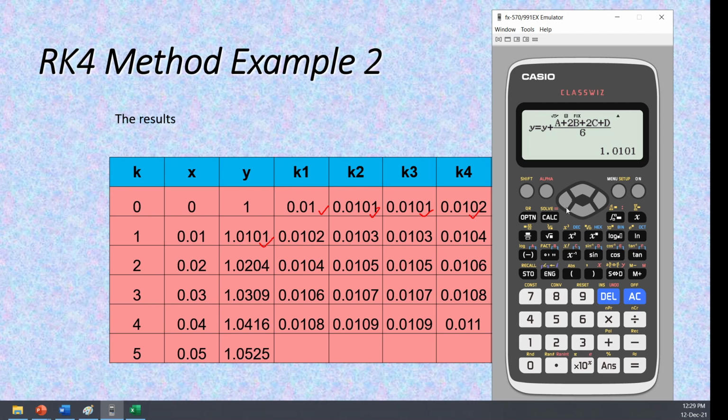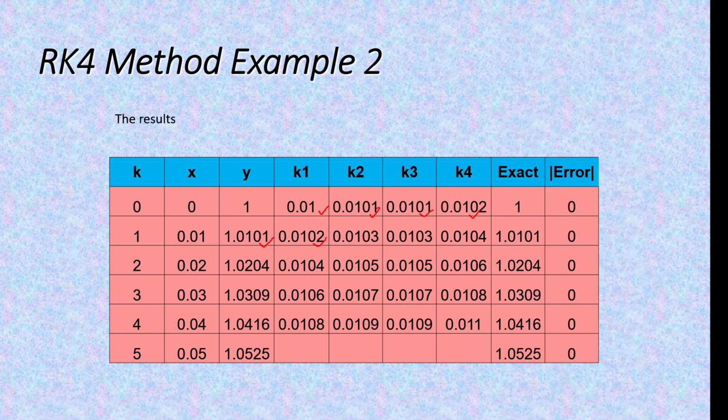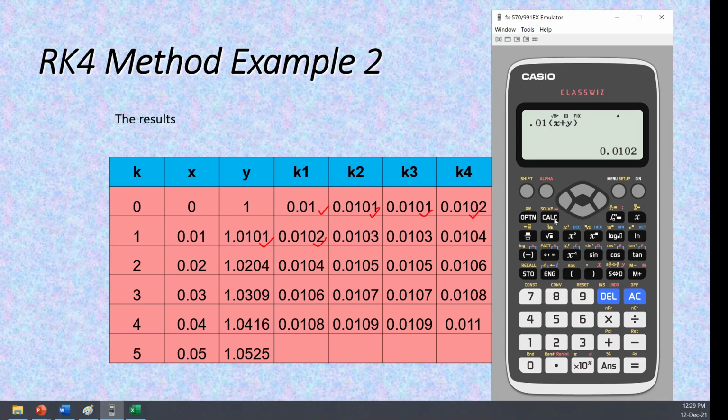So okay, repeat. Calculate k1, k2, k3, k4 using x1, y1. So x 0.01 is correct. Go down, y is correct. Then equal. So k1 is 0.0102. Then you calculate x is 0.01, add up with h 0.01, divided by 2.